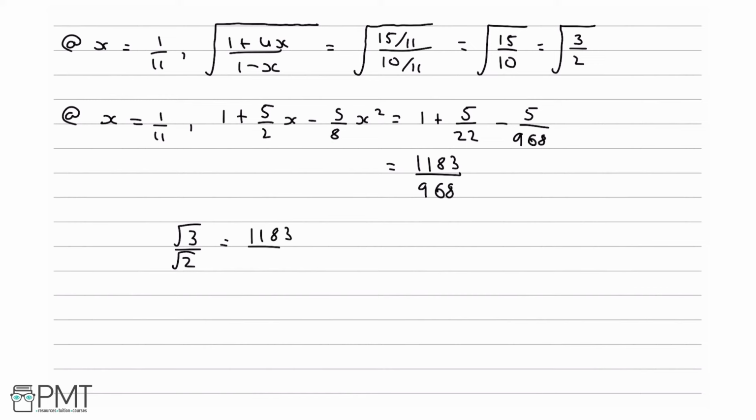Now, root 6 equals root 3 times root 2, and we already have root 3 over root 2.